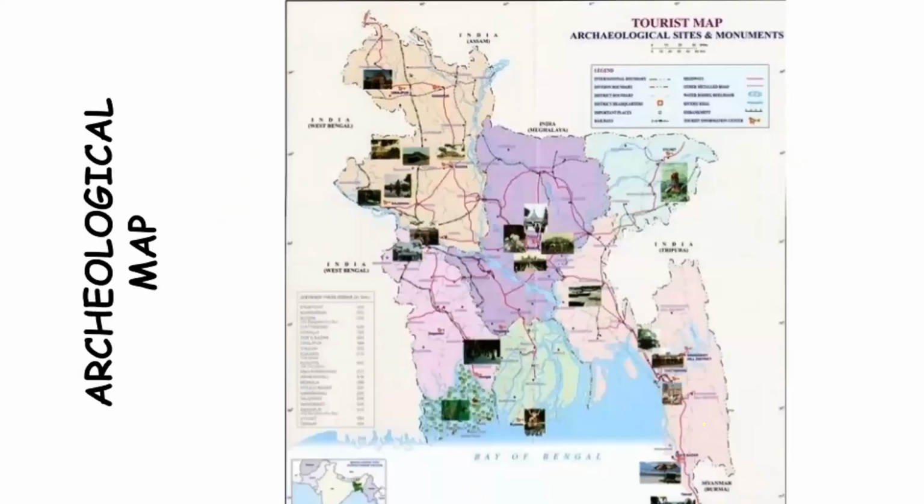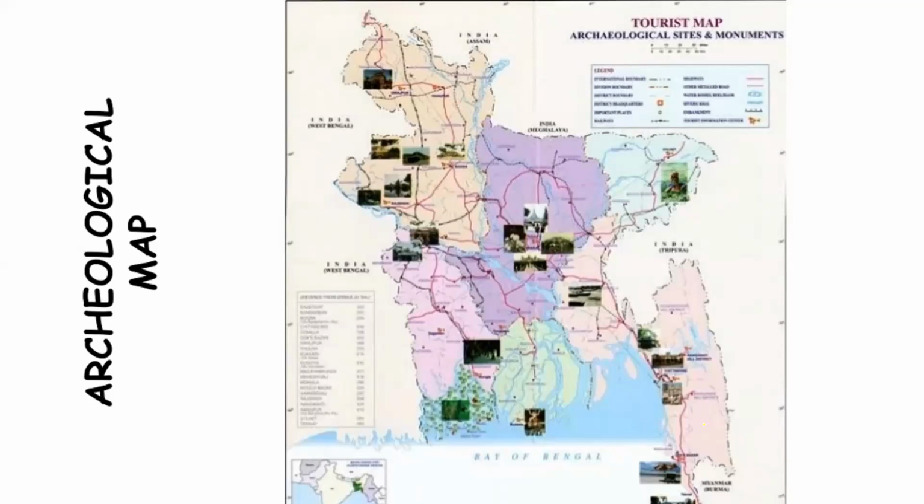Next, archaeological map. For the archaeology department also, the map they use must be shared by the survey department itself. With the help of this archaeology map, the archaeology department will carry out their archaeological work and find out what they need.